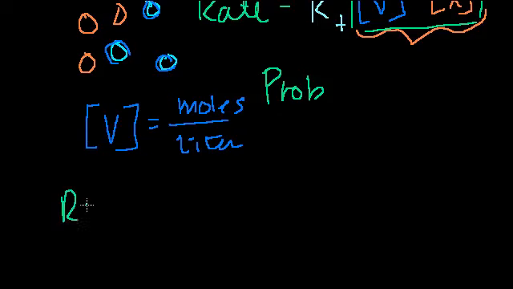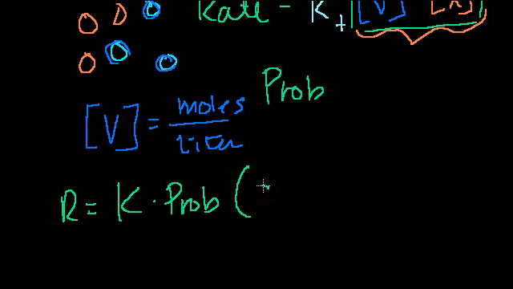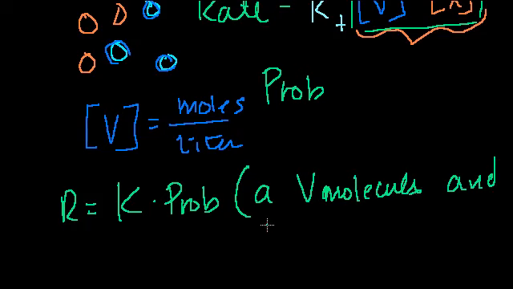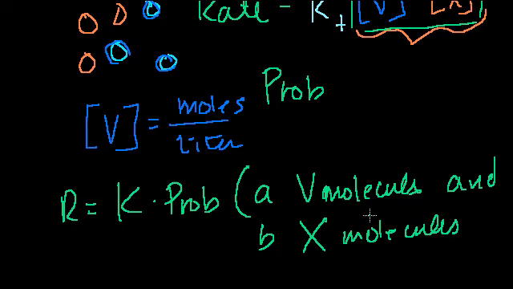So let me write it this way. The rate is equal to some constant that takes into account the temperature and the molecular configurations times the probability of having A V molecules and B X molecules in a sufficiently small area all at the same time.